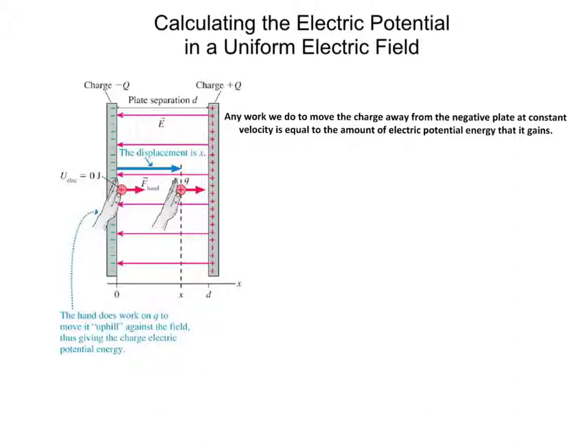Great. Now, in this picture, the electric field points to the left, so the force on the charge in that field is also to the left and is given to us by F equals QE, which we learned in Unit 5A. Since we're moving the charge with a constant velocity, the external force that we use must also be equal to F equals QE.